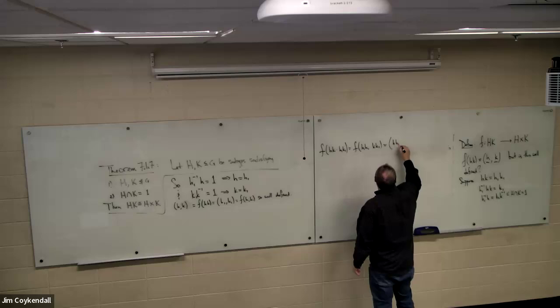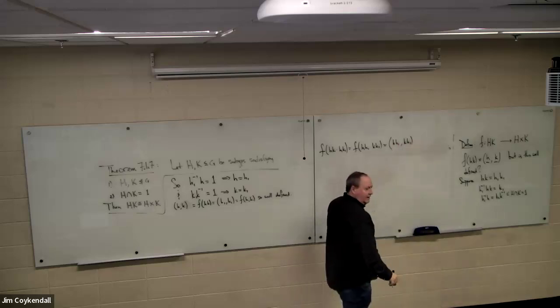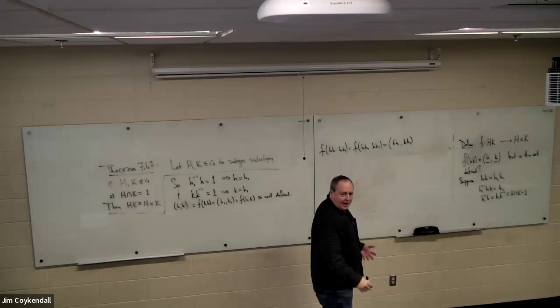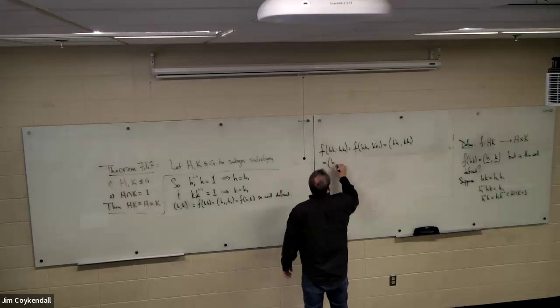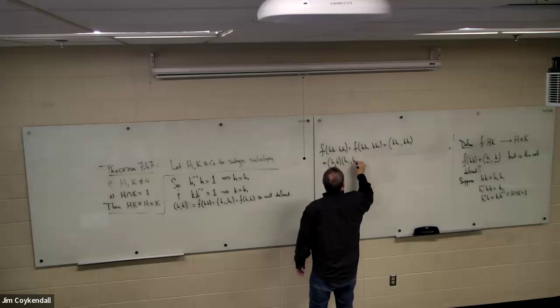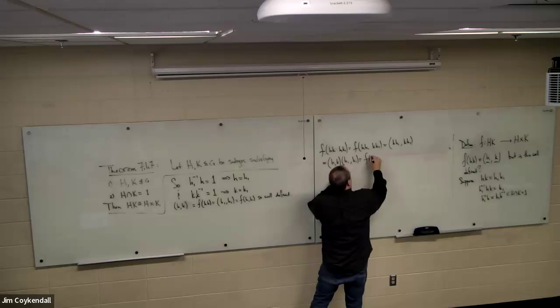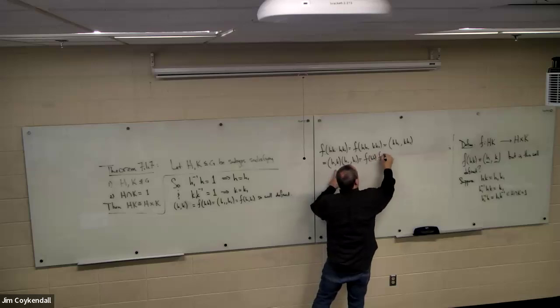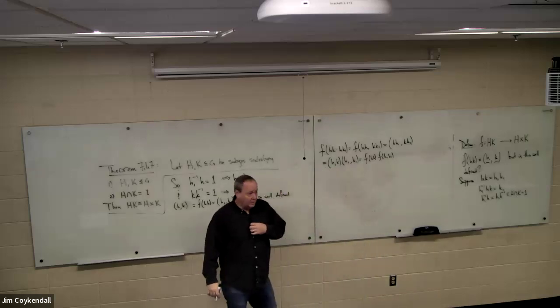This is (H H1, K K1), because I know this is well defined. And by our rule of multiplying in the direct product, this is (H, K)(H1, K1). And this is F of HK times F of H1K1. Okay, so it's a homomorphism. Everybody okay with that?